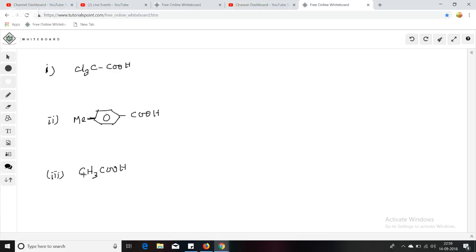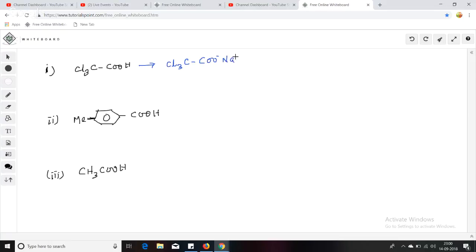Here you see, if we write down the decarboxylation reaction of all these carboxylic acids, first of all we form the sodium salt of it, Cl3COO minus Na plus.